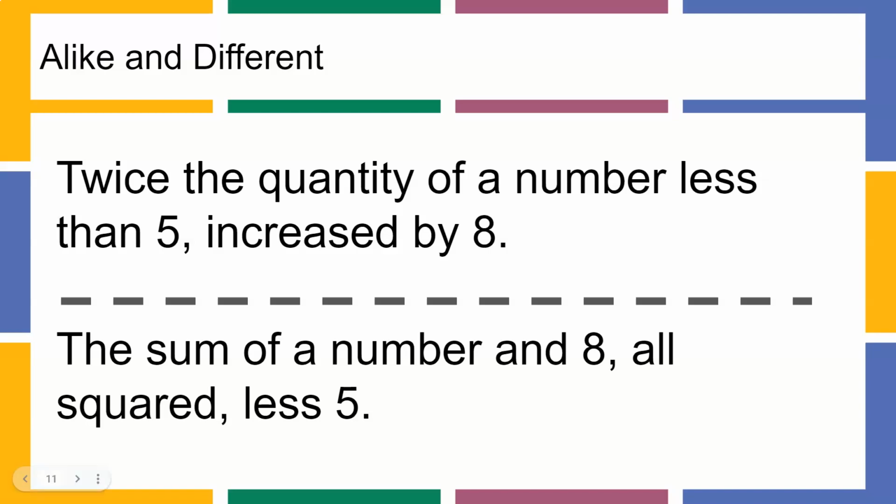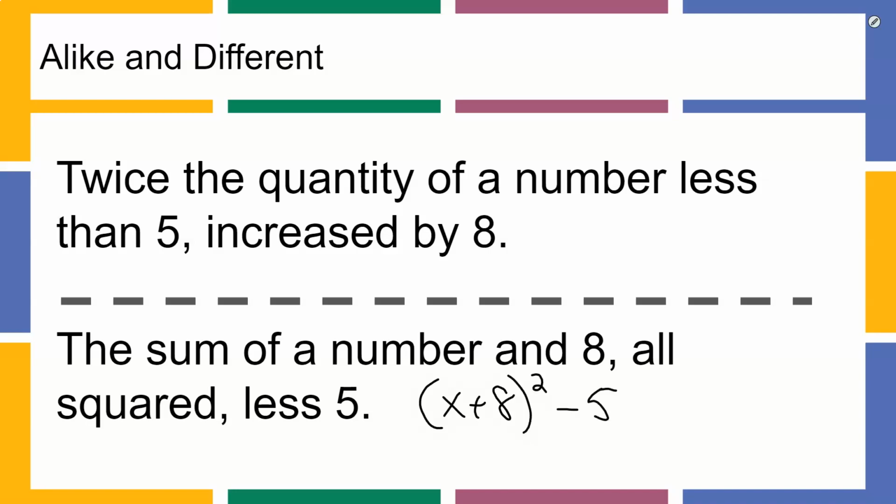All right. I need one person, so raise your hand, to give me how they translated twice the quantity of a number less than 5 increased by 8. No one says on that one. What about the second one? How did we translate that one? 8, parentheses, x plus 8, parentheses, to the power of 2 minus 5.